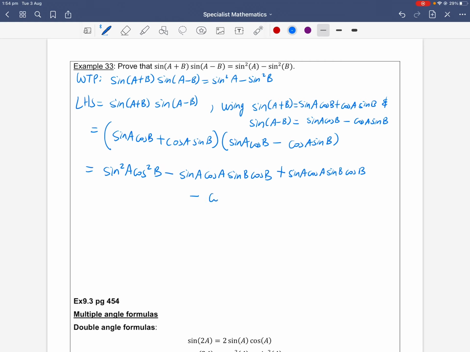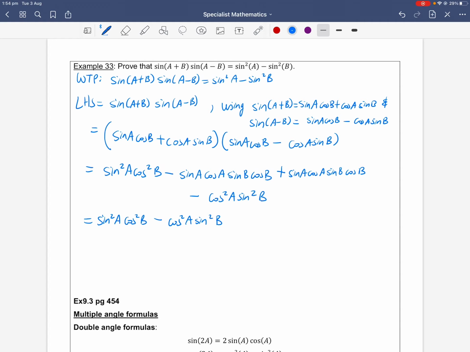And then lastly, we have minus cos squared a sine squared b. So the two middle terms can cancel because it's plus minus literally the same thing. So we're left with that equals sine squared a cos squared b minus cos squared a sine squared b.